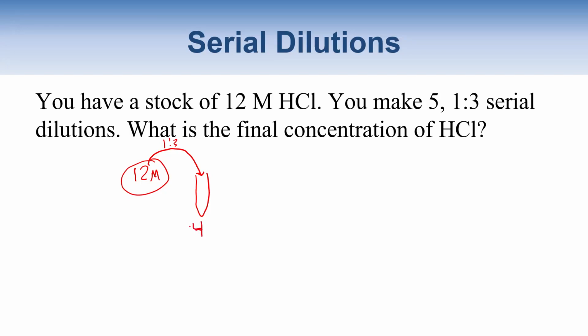So we now have a concentration of 4. We need to do 5 1 to 3 serial dilutions, so this is 1, 2, 3, 4, 5. And each one is a 1 to 3.